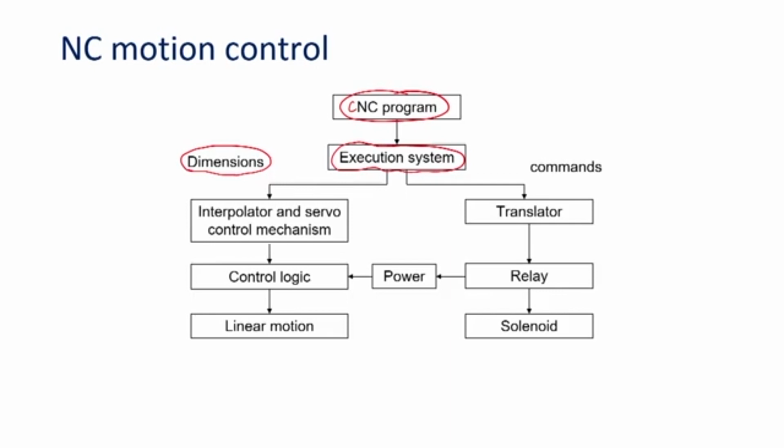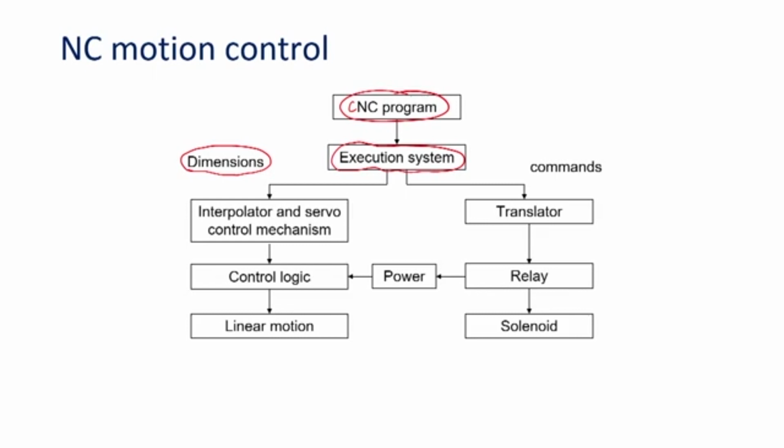All these operations are communicated in terms of commands. So, dimensions and commands. The dimensions are fed to the interpolator. The interpolator is nothing but a system where, based upon the positions given by the user, the controller is generating the pulses.